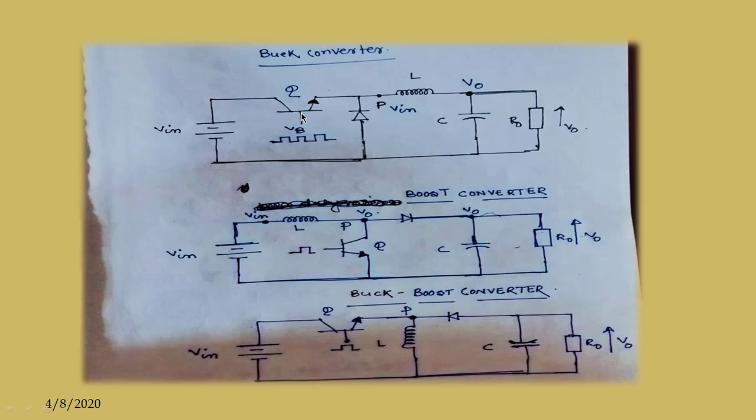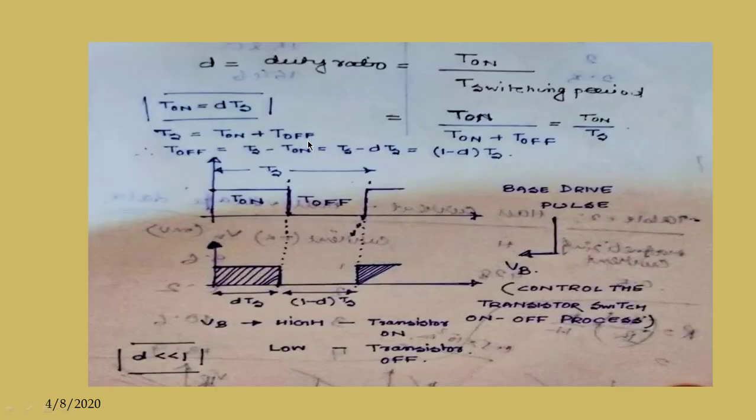We will give this VB pulse in every configuration, right? If the pulse is high, the transistor is on, and if it is low, the transistor is off. And we always have to keep the duty cycle never greater than 1, so D is always less than 1. We can easily see from here that the duty cycle is less than 1.